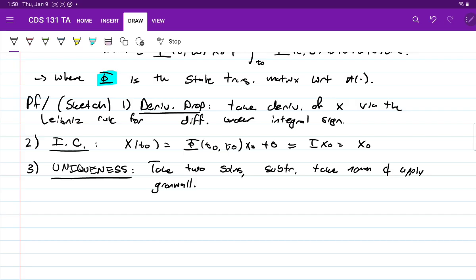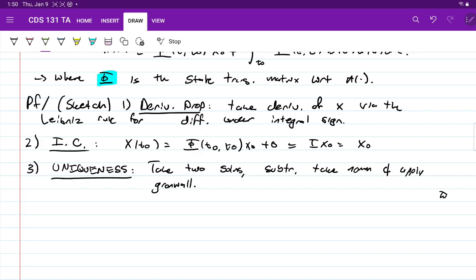And what this will show you is that those two solutions need to be equal to each other for all time. So those are the 3 steps you need to do. They're all fairly straightforward computations. I would recommend trying them on your own. If you want to check your solutions, just check the corresponding section in the notes. All right, so that's a proof.